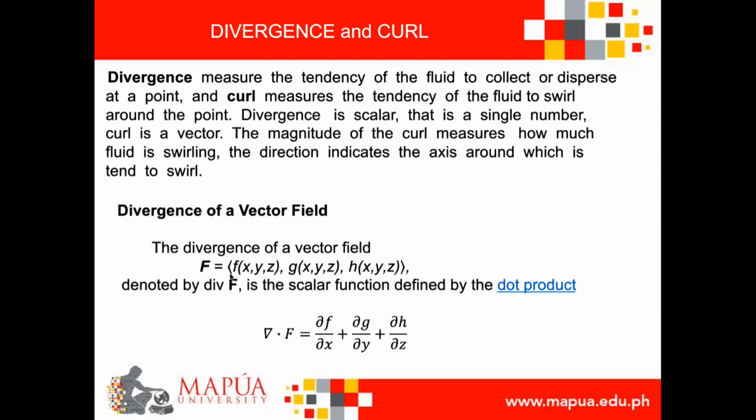Take note that from the definition of the vector field, F is equal to the components of the three functions f, g, and h of x, y, z.